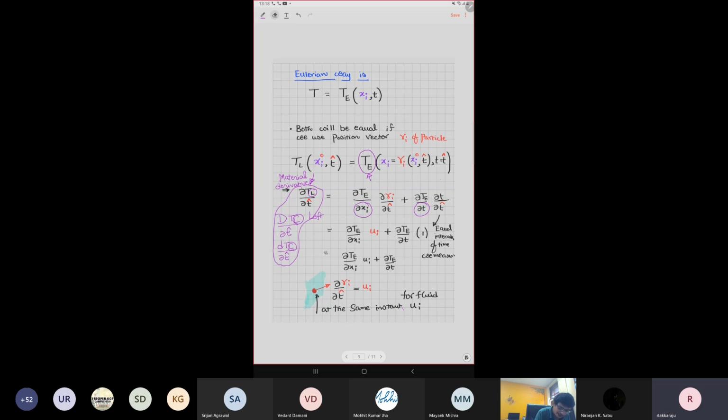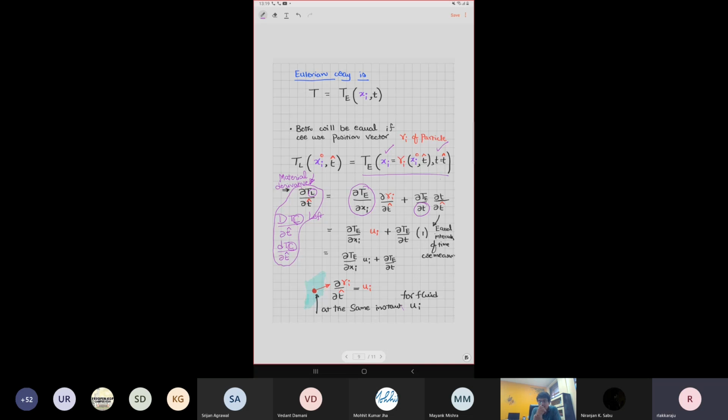If the chain rule comes into the picture, now if I look at my Eulerian field, chain rule on xi, chain rule on time. These are the two variables. So del Te by del xi. However, xi is the position coordinate of some particular material, the car position coordinate.